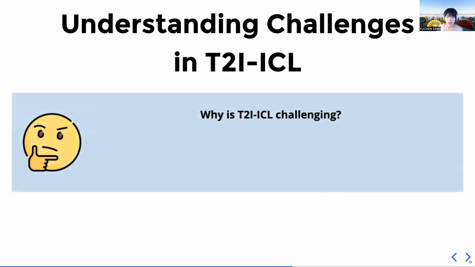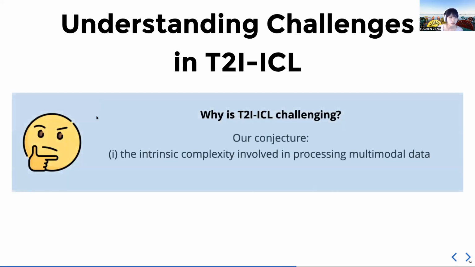So why is T2I ICL challenging? We have two hypotheses. First, it is due to the intrinsic complexity involved in processing multimodal data. We know that for standard in-context learning in the context of text, for just large language models, not multimodal large language models, in-context learning can improve the performance a lot.